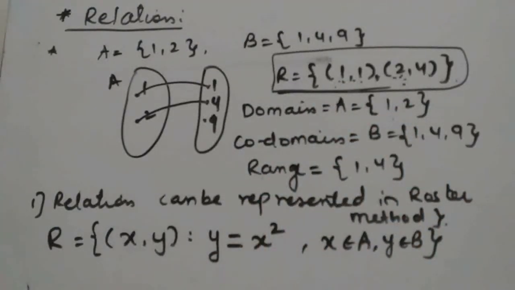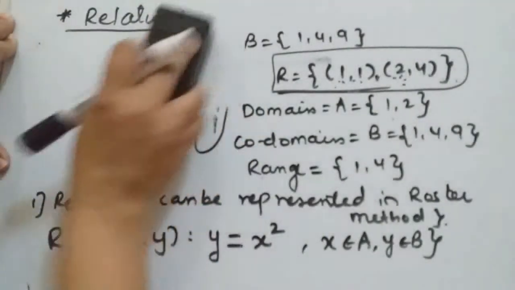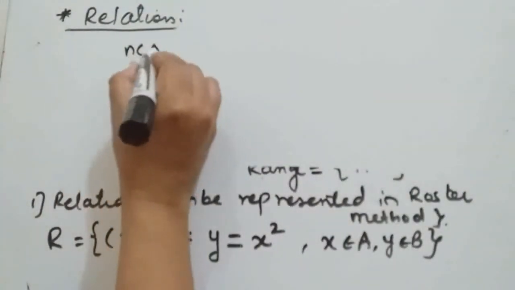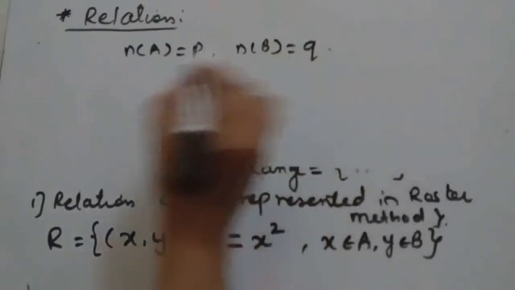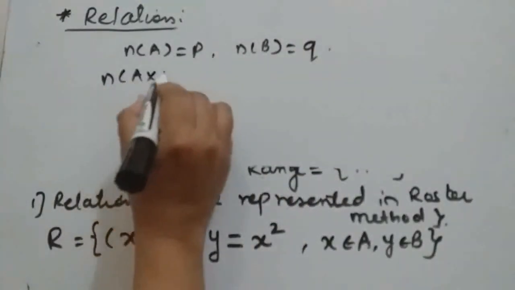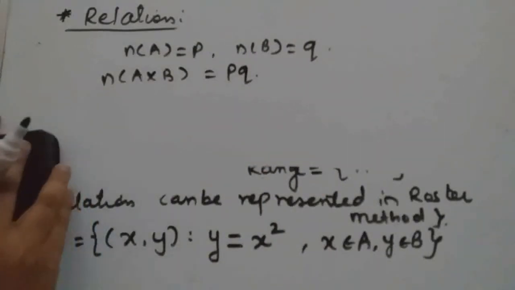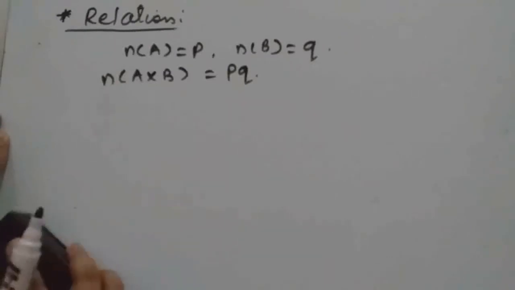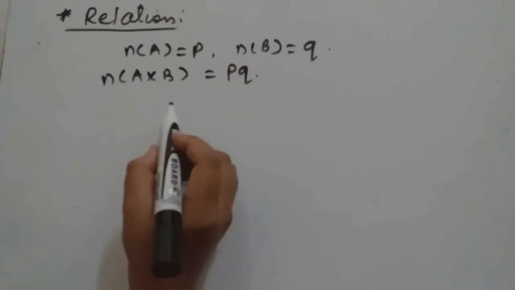Okay, now one more thing. Suppose n(A) is p and n(B) is q. So we know n(A cross B) will be pq, isn't it? So how many possible relations can we get from this?